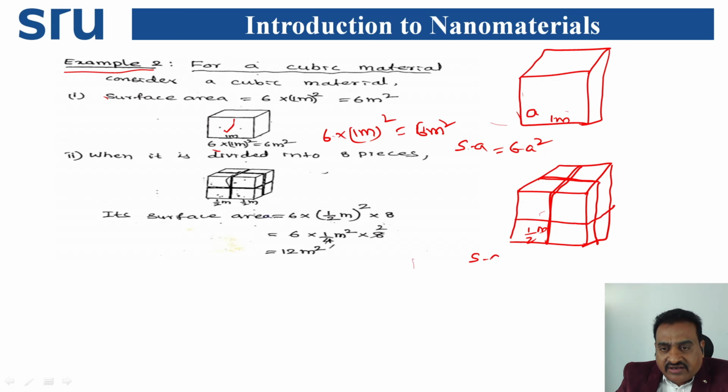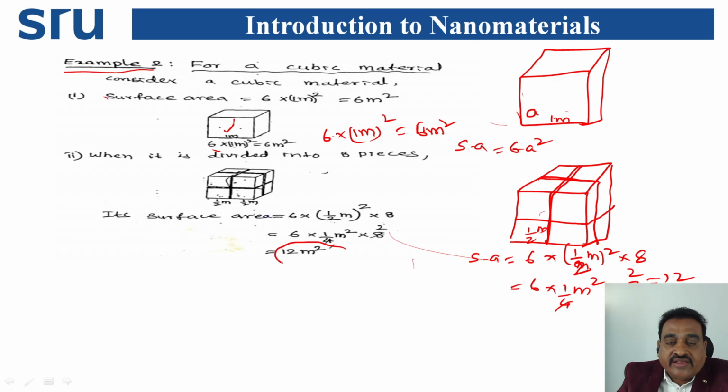So the surface area is 6 into half meter whole square into the number of pieces. So 6 into 1 by 4 meter square into 8. 4 ones are 4, 4 twos are 8, so 12 meter square. When it is divided into 8 pieces, we get 12 meter square. So for one piece it is 6 meter square, and for 8 pieces, 12 meter square. The surface area is increasing.